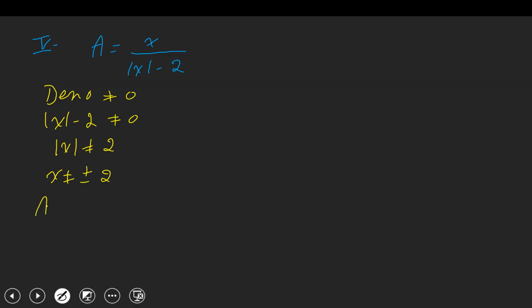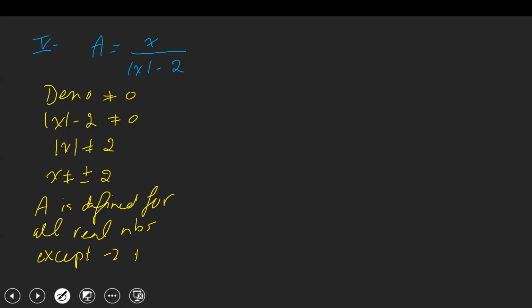Here we say that A is defined for all real numbers, for all values of x, except minus 2 and 2.